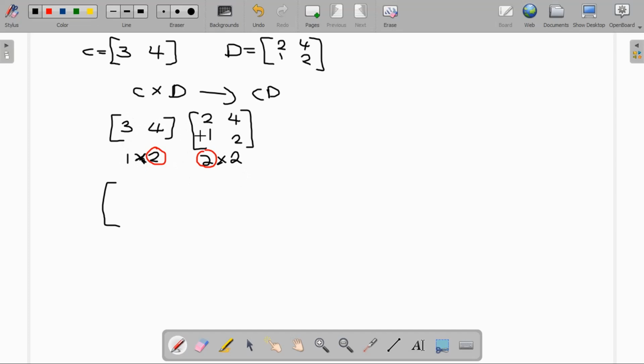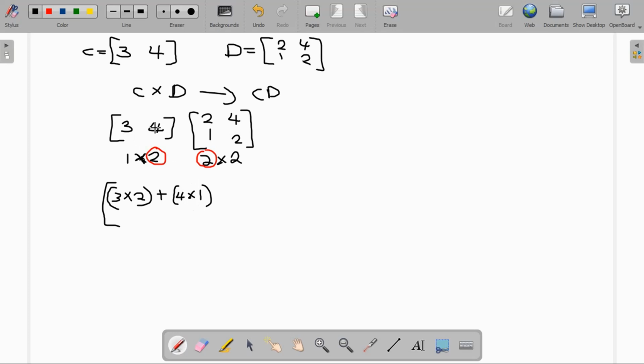So 3 times 2 in bracket, and then 4 times 1, so it's plus, we are adding here because we are still in the same column.